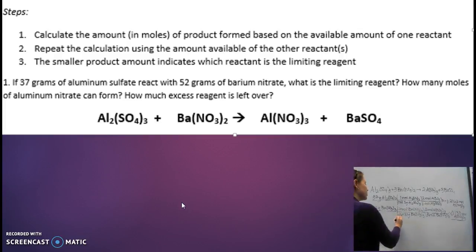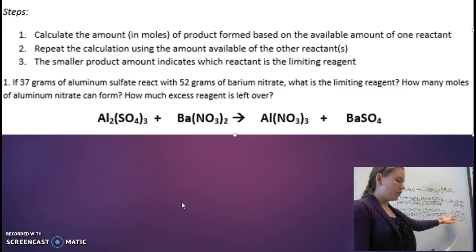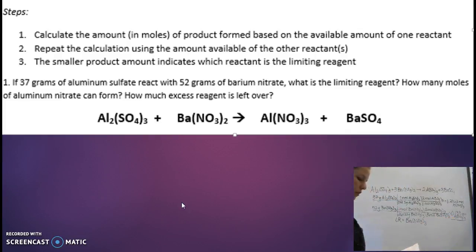So the limiting reagent, I'm just going to abbreviate that as LR. Notice that this was the one that was present in a higher amount, so 52 is larger than 37, but once you do these calculations, you're going to get a smaller number. So now we found the limiting reagent. Now we need to know how many moles of aluminum nitrate can form. Well, we just did that. So that would be the 0.133 moles would be the one that can form.